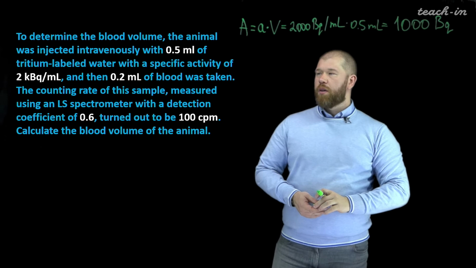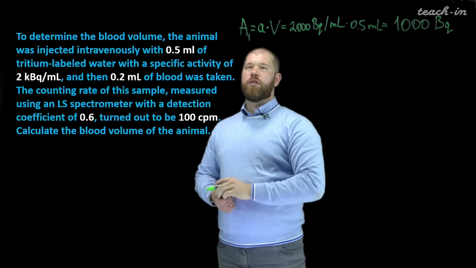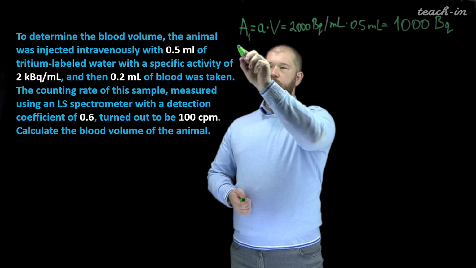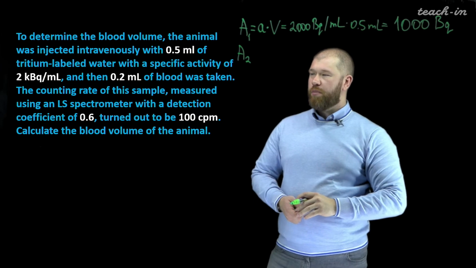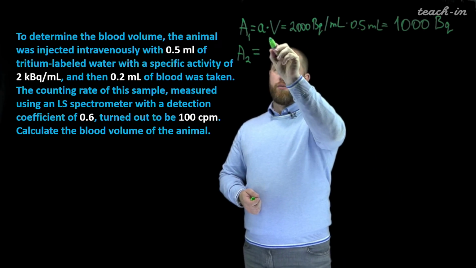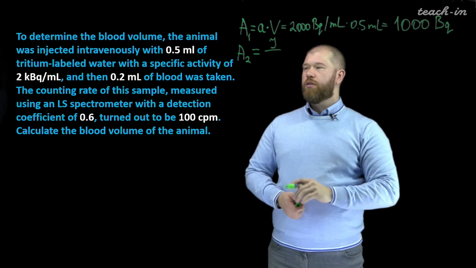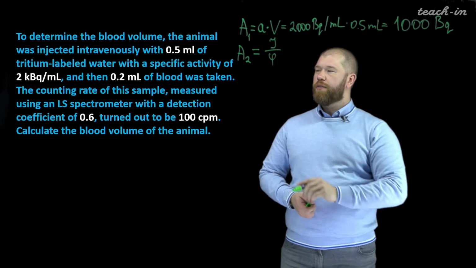And then we should calculate the initial activity, let's say. And then we can calculate the activity of our blood sample. It will be the count rate that we measured divided by the detection coefficient.